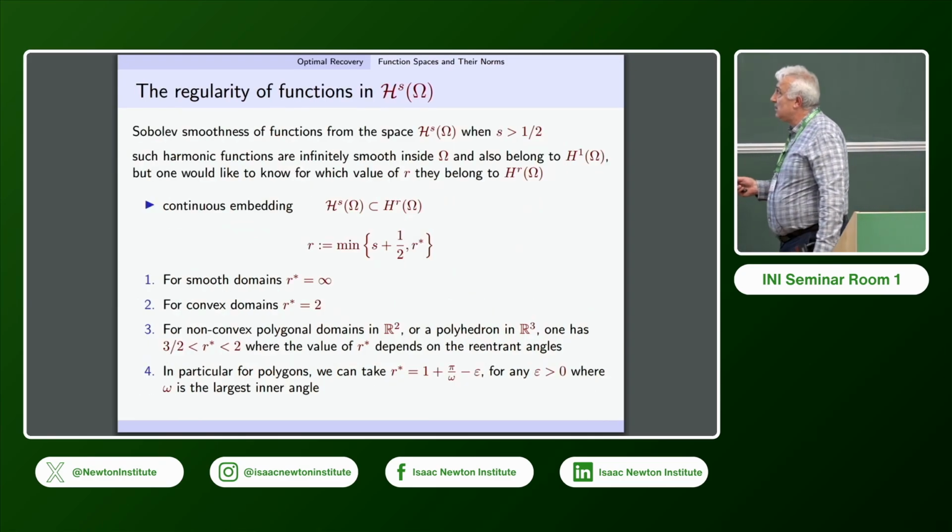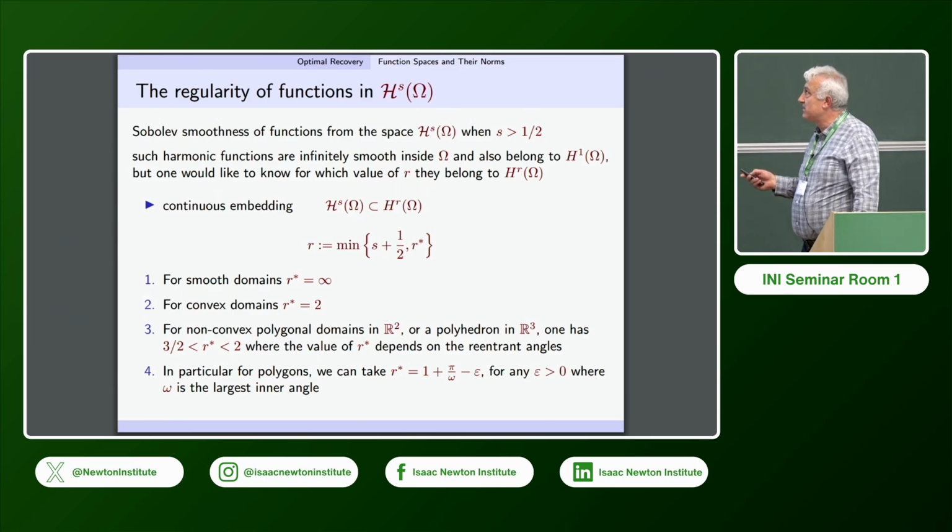Then we have to say something about the regularities of the function here. We have this curly HS set, and we want to consider the classical Sobolev spaces. In this case, we want to know for which R we have the embedding of HS into HR. This is for R equals S plus 1/2 usually, but sometimes it's limited by some R star depending on the domain.